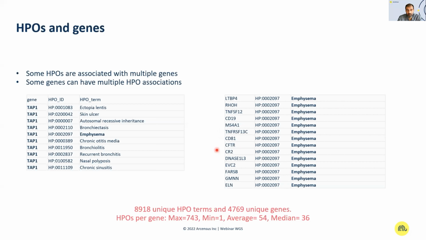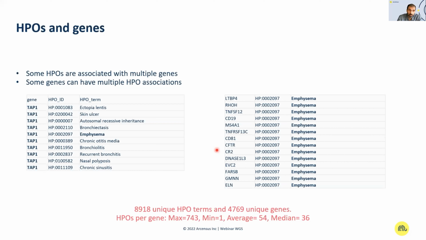Just to give you an indication, there are currently almost 9,000 unique HPO terms, and these HPO terms are known to be associated with over 4,500 unique genes. Also, the gene with the most HPO terms has about 750 different HPO terms associated with it.